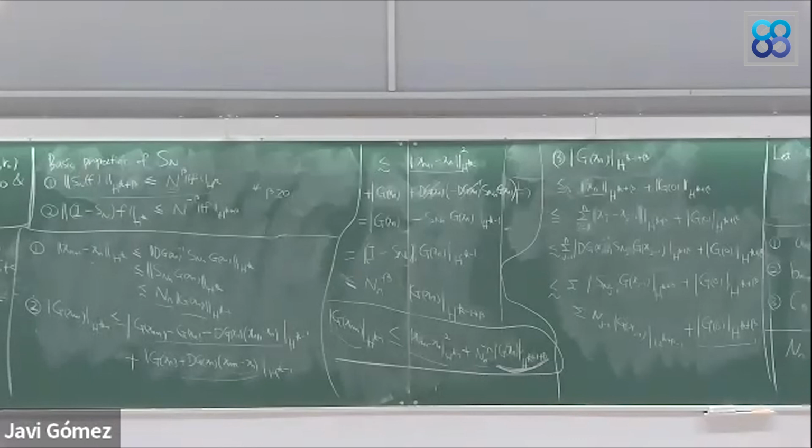So once we find such numbers, then we know that a_n converges to 0. And actually, for this one, we have to make another assumption, that this guy, its summation, converges as well.